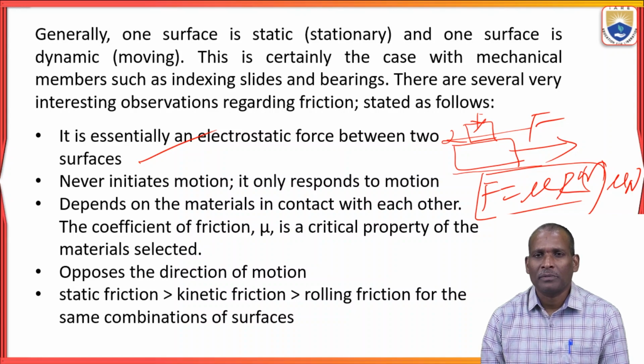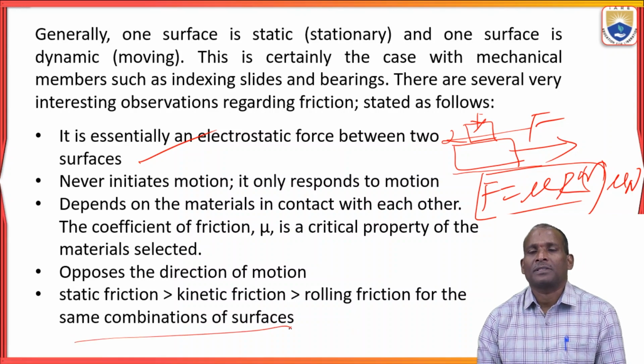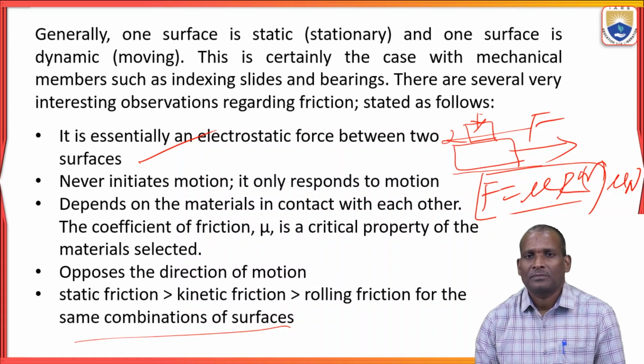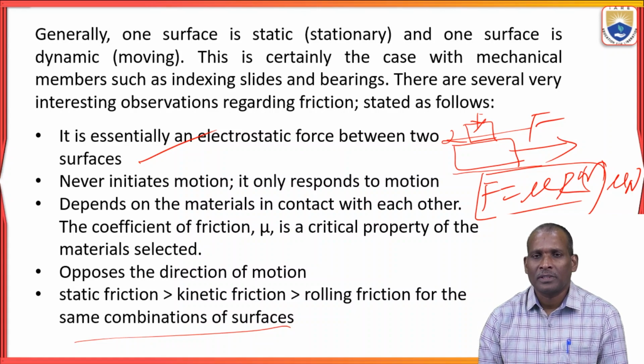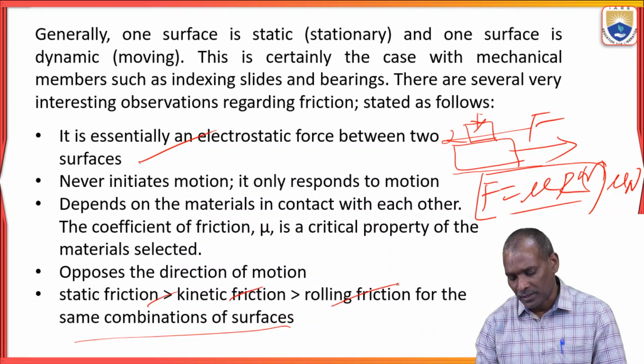When compared to rolling friction, kinetic friction has a higher value, for the same combination of surfaces. So static friction is greater than kinetic friction, and kinetic friction is greater than rolling friction.